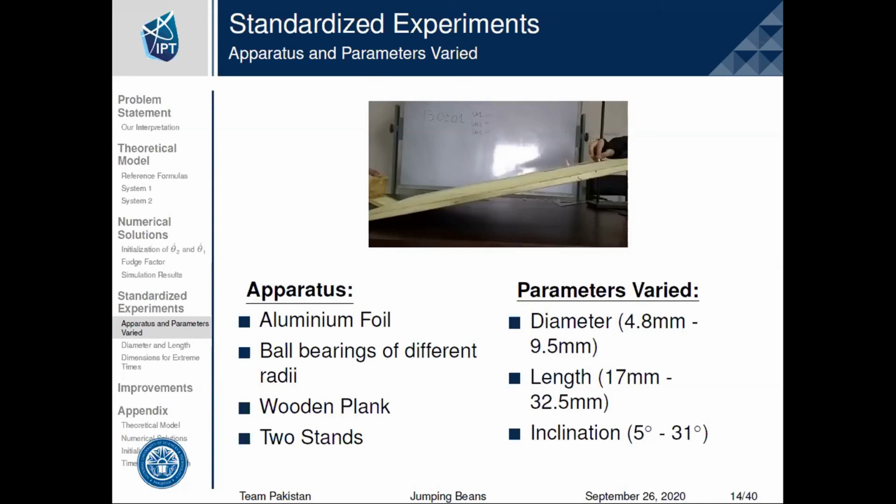Furthermore, to analyze this with our theory, we have incorporated the effects of friction. So the values of mu also change when the material of the plank changes. We can simulate this by varying the value of mu in our simulation, and we would get plots and results.